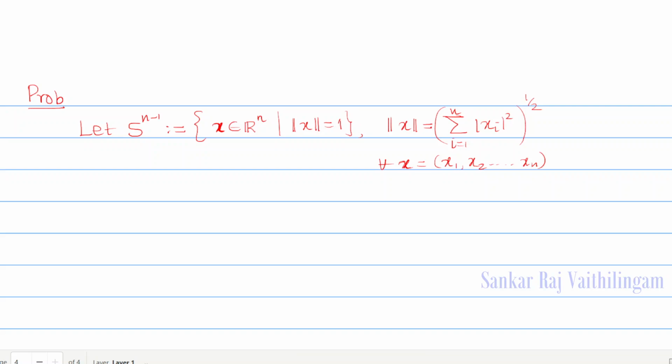So S^(n-1) is the unit sphere in R^n, and we claim it is connected. This is the theorem we are going to show.